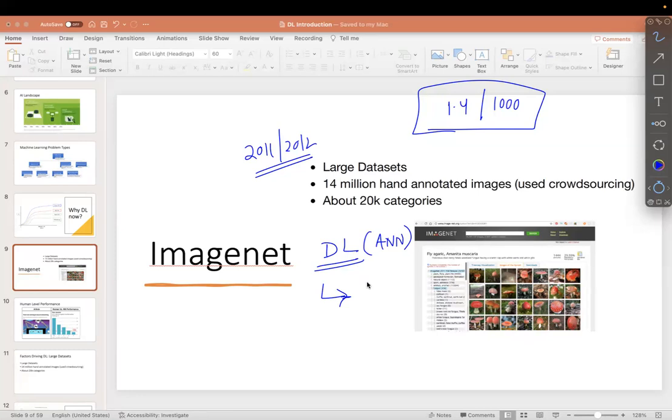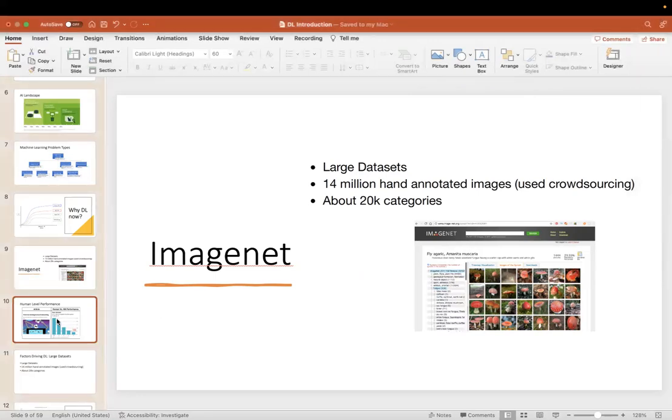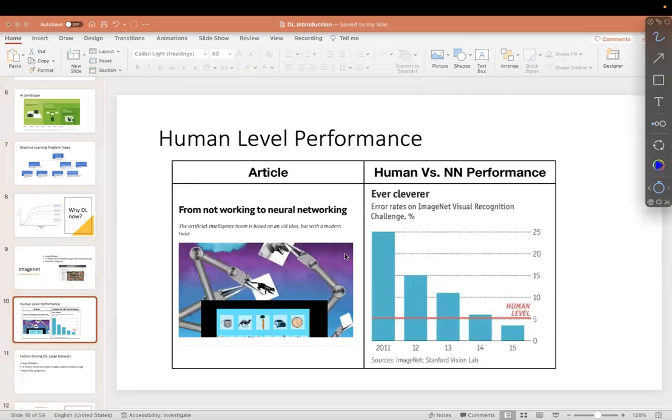So all of a sudden, people realized the importance of artificial neural networks, especially when the sample size is extremely large. Since then, of course, the same ImageNet competition is run every year, and every time the deep learning models are winning the competition.